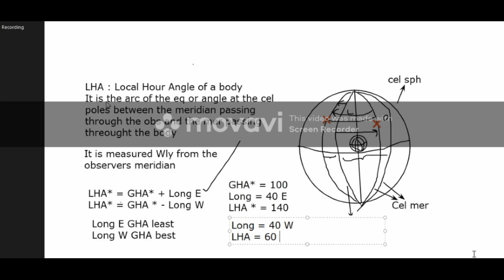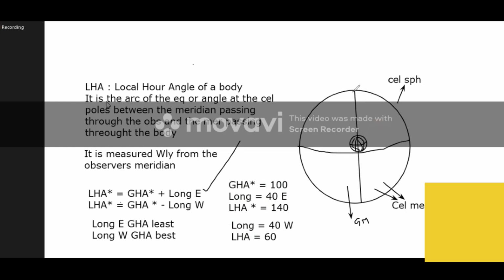The example you give, sir, can you please show it on the diagram, sir, with the body and the observer? Zarur, why not? Let me erase everything. GHA is 100 degrees.